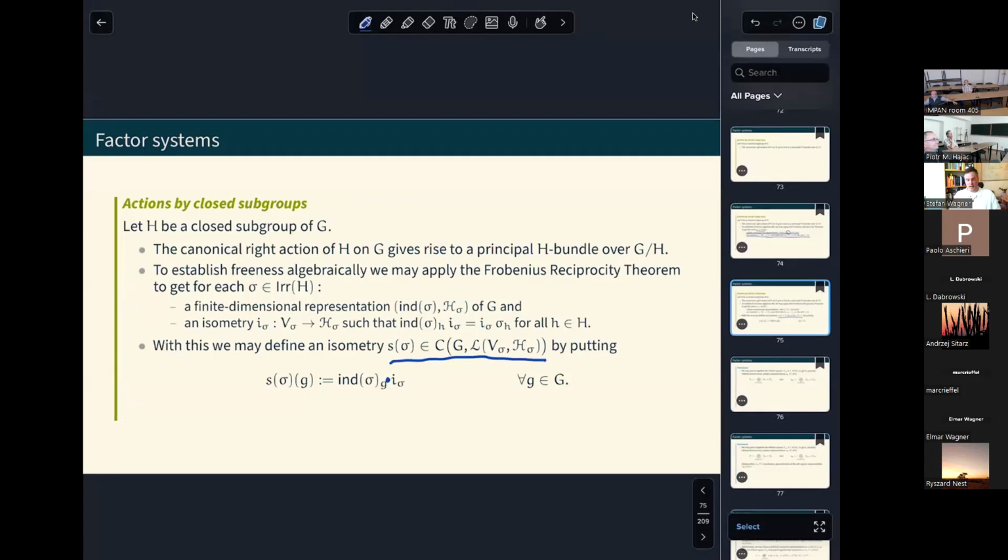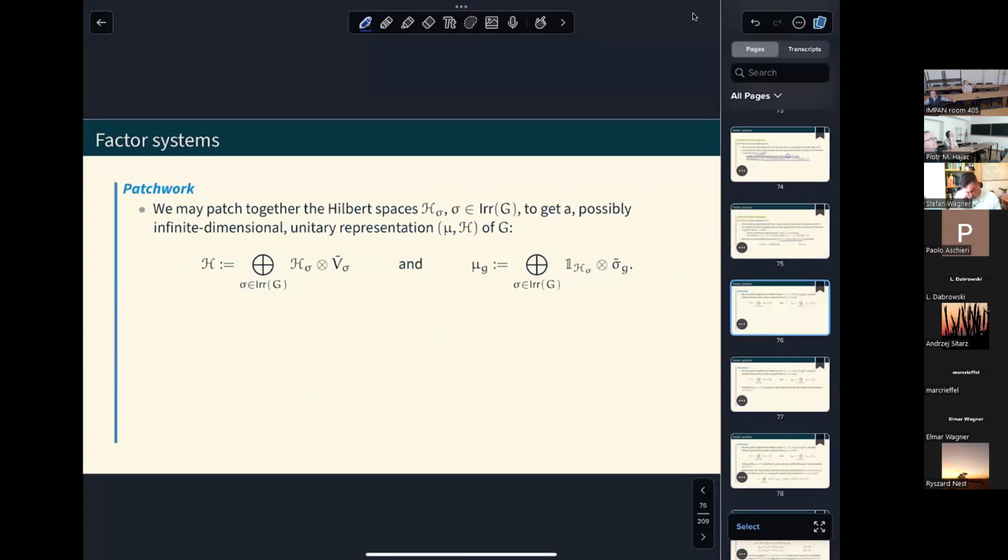All right, so that was just to give you a feeling how these isometries look like. Let me also tell you something about, let's call it patchwork, because we have these isometries in the Hilbert spaces, but you can patch them together. You define this Hilbert space: for each irreducible representation, you look at the Hilbert space with the irreducible representation and the multiplicity space.